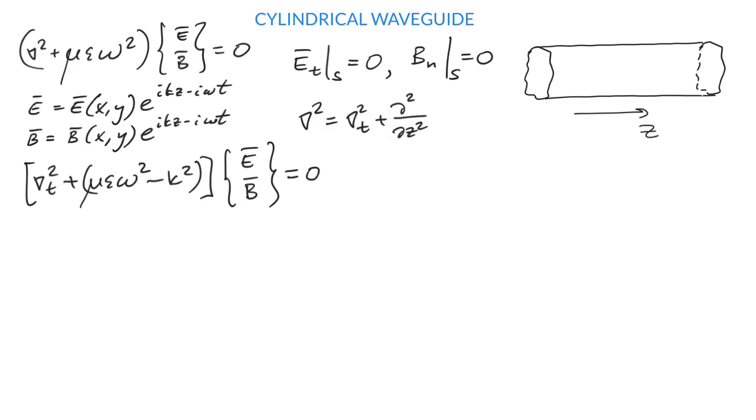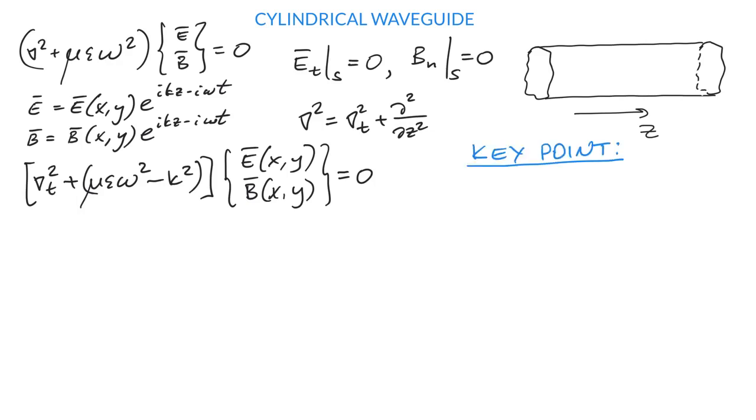The functions and the operators depend only on x and y, and we've taken care of the z dependence. I can emphasize that by explicitly showing that this is only the E_xy and B_xy amplitudes. Now here comes the key point of the following derivation.